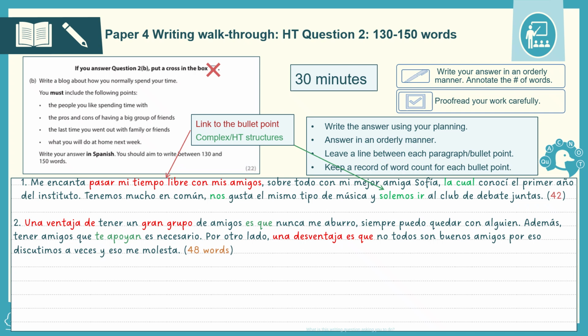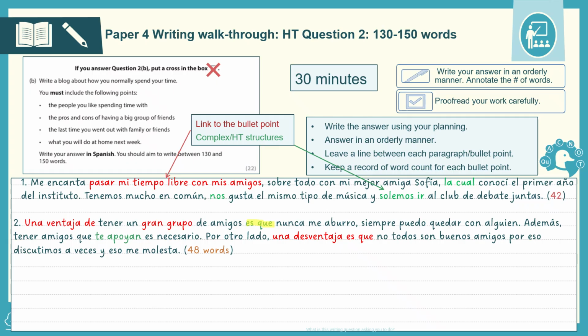So this one, es que, is the Spanish for is that. So the whole line says, una ventaja de tener un gran grupo de amigos es que nunca me aburro. So basically that says, an advantage of having a great group of friends or a big group of friends is that I never get bored. So it's simple, it's something that maybe you automatically do, and it's considered a complex structure.